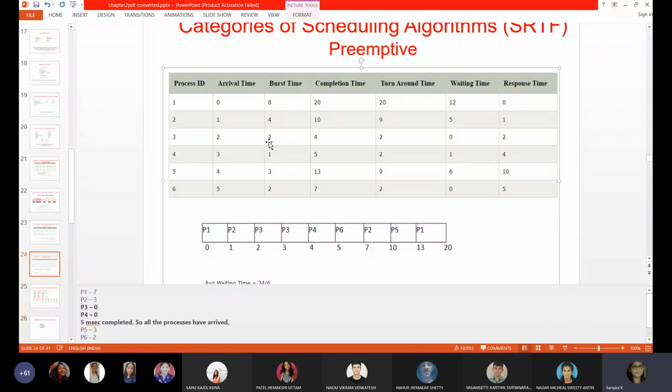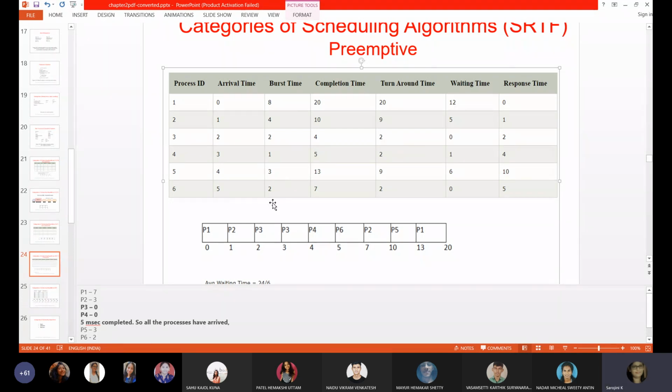We have to compare the CPU burst times of the different processes, which are 7, 3, 7, 3. This one is completed. Okay, this is 1, and this is 3. All these processes are currently in the ready queue.